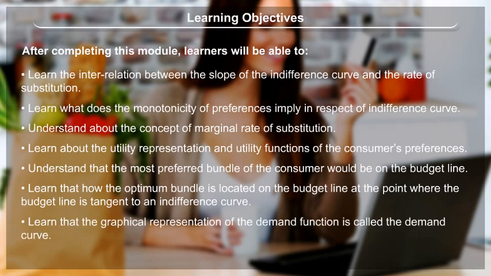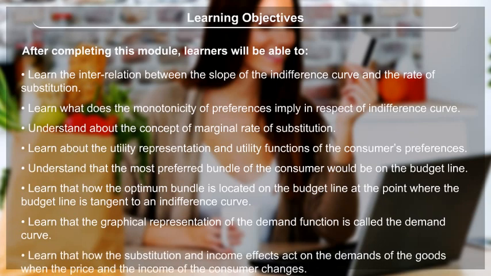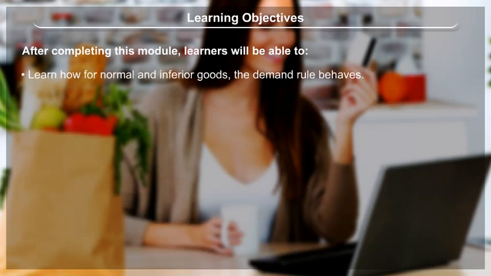Learn that the graphical representation of the demand function is called the demand curve. Learn how the substitution and income effects act on the demand for goods when the price and the income of the consumer change. Learn how the demand rule behaves for normal and inferior goods. Learn how the market demand is calculated.